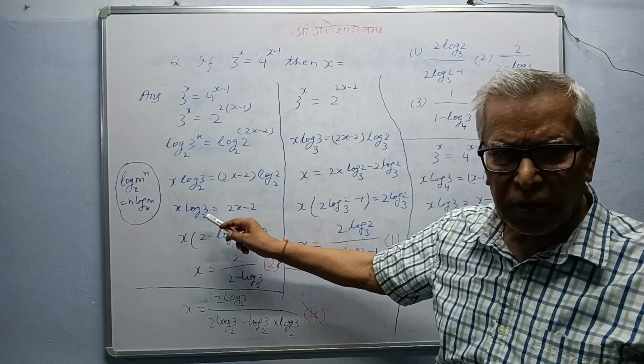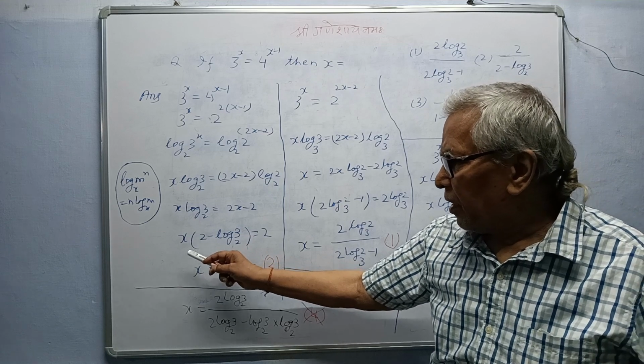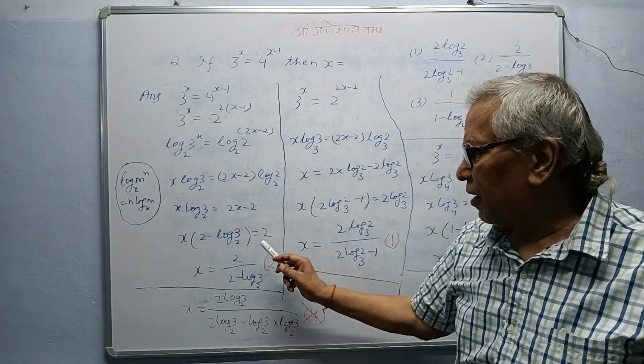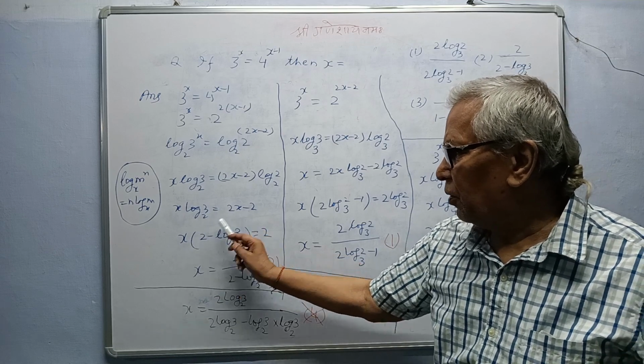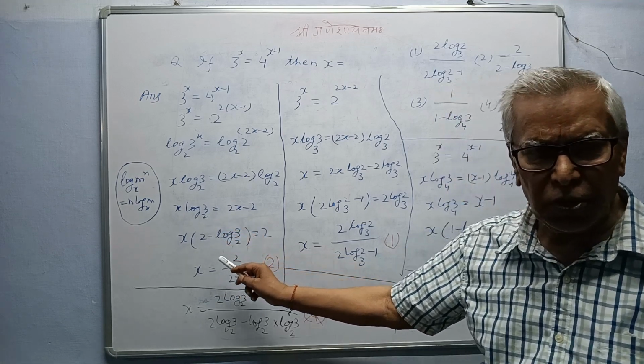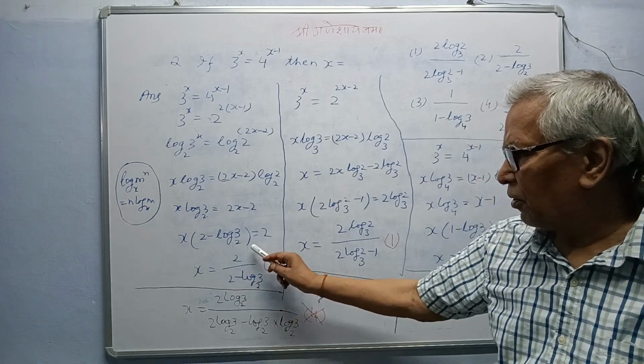So x log 3 to the base 2 is equal to 2x minus 2. Taking x on one side and the constant on the other side, x into 2 minus log 3 to the base 2 is equal to 2. So x is equal to 2 by 2 minus log 3 base 2.